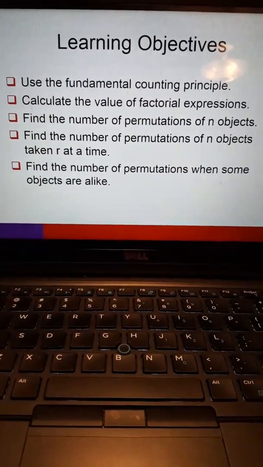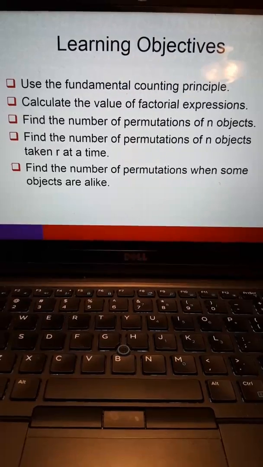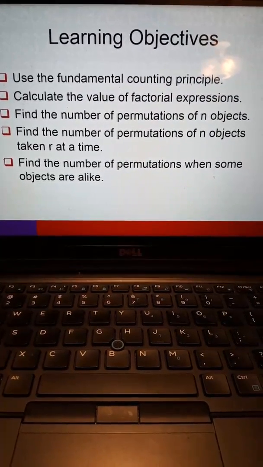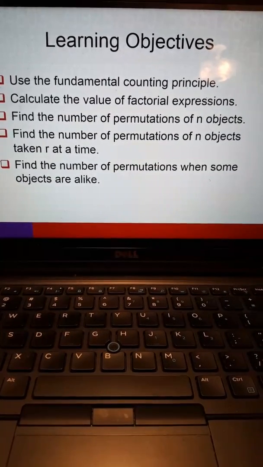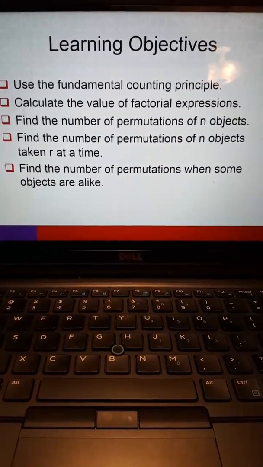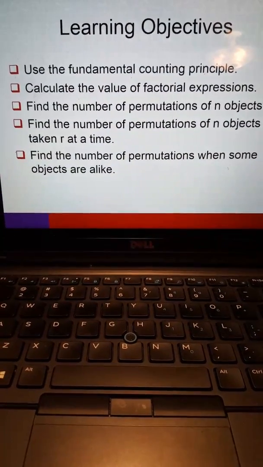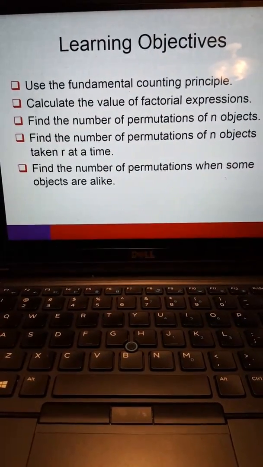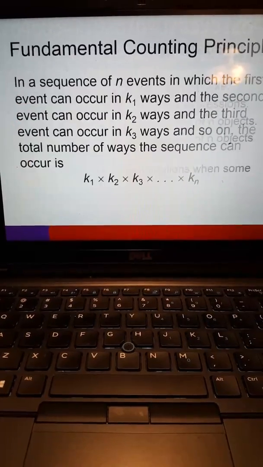So we are going to use the fundamental counting principle, calculate the value of factorial expressions, find the number of permutations of n objects, find the number of permutations of n objects taken r at a time, and find the number of permutations when some objects are alike. These are going to be our objectives. Now remember, all of this is still on Blackboard until the last day of class.